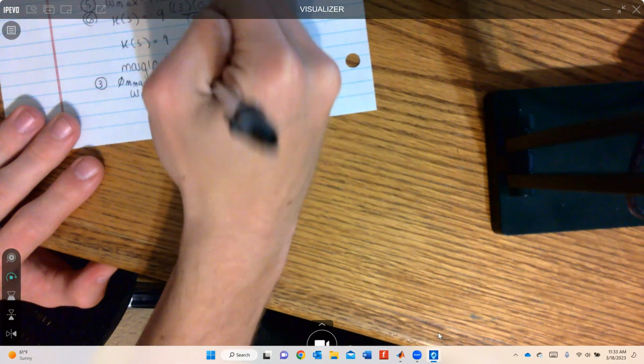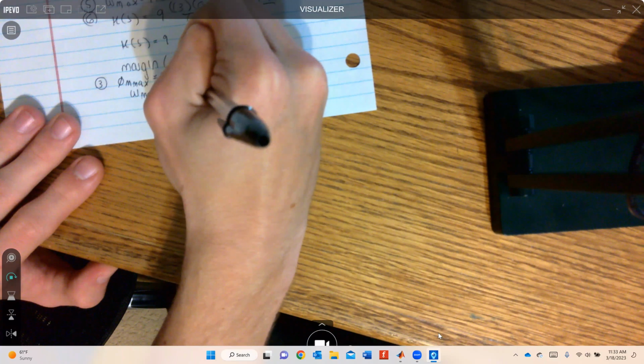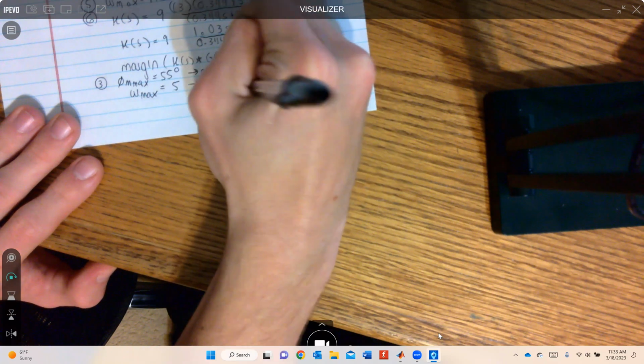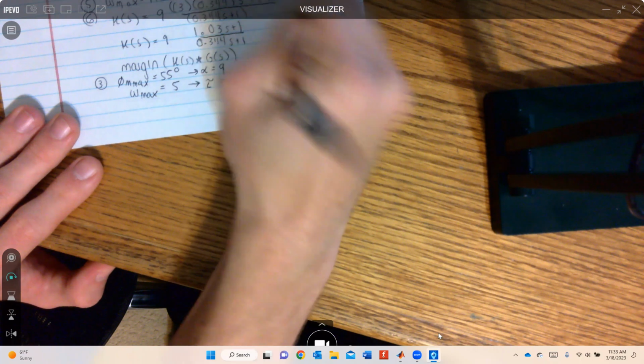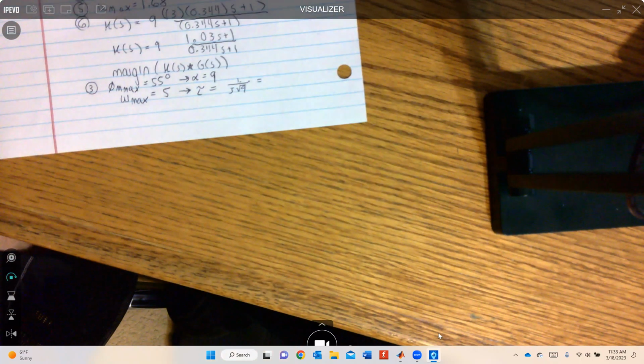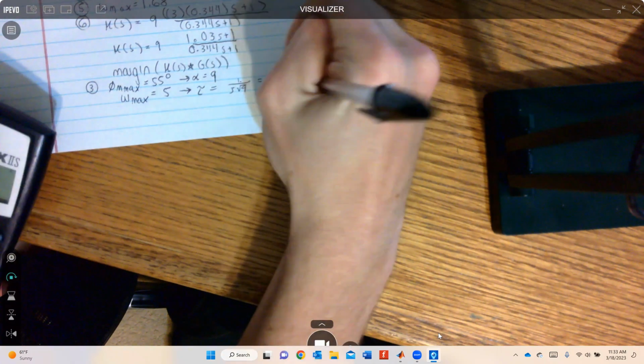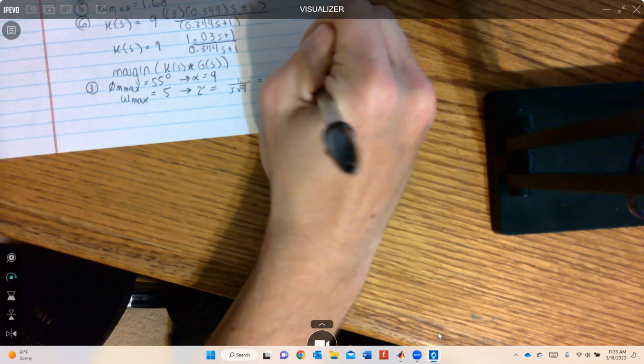If we solve for tau, remember tau is equal to 1 over 5 times square root of 9. So that's 1 divided by 5 square root of 9, and 0.0667 is going to be our tau. We can just leave it like that.